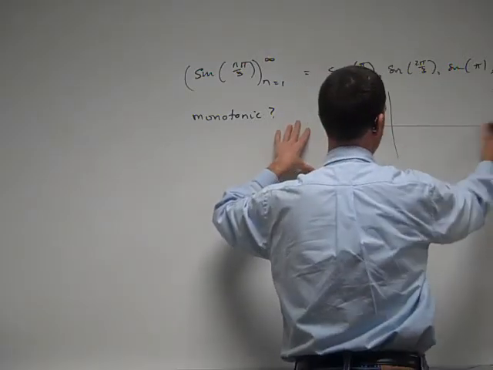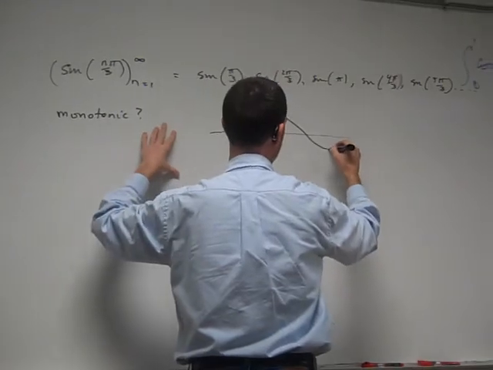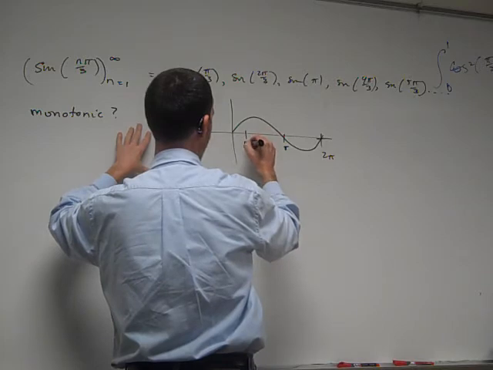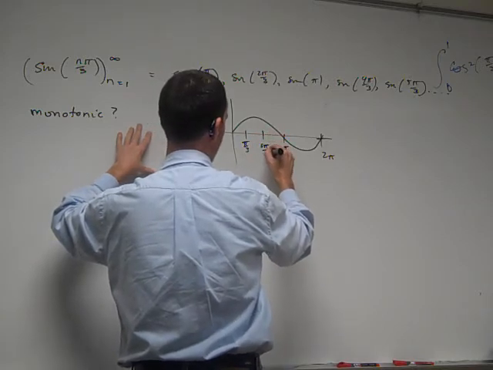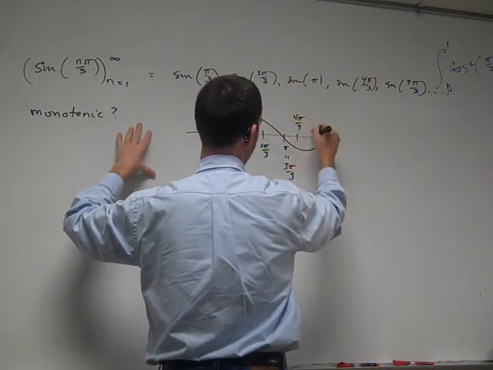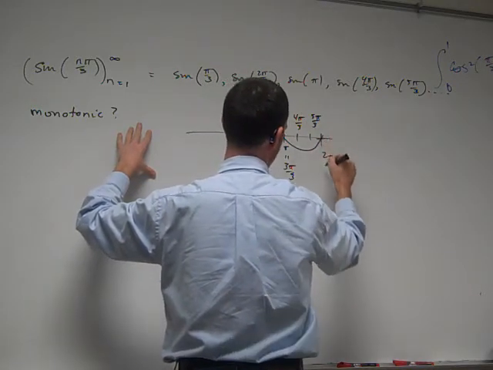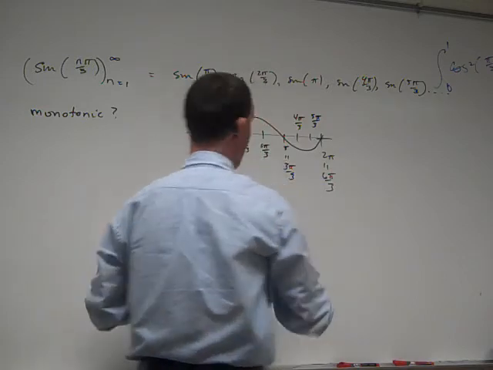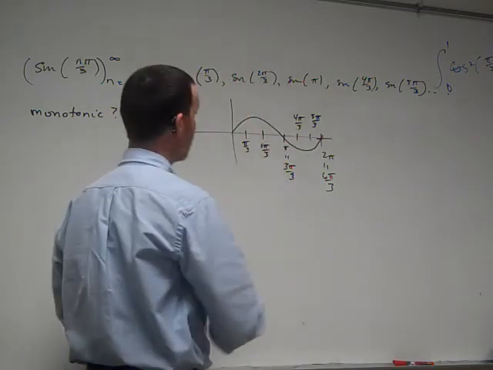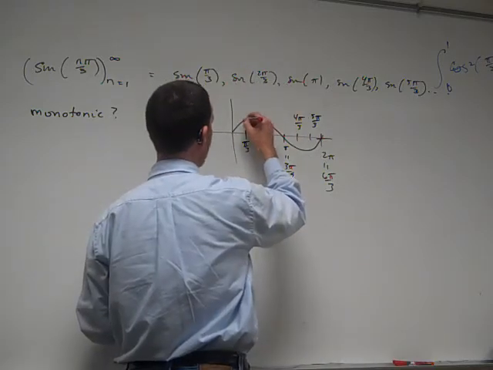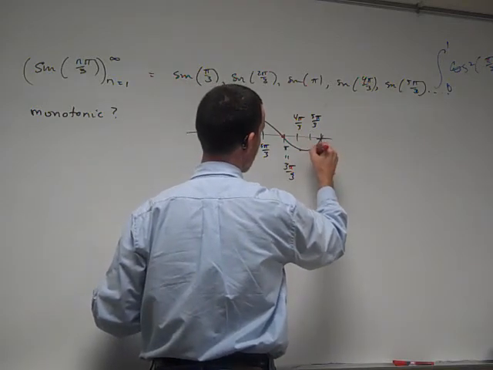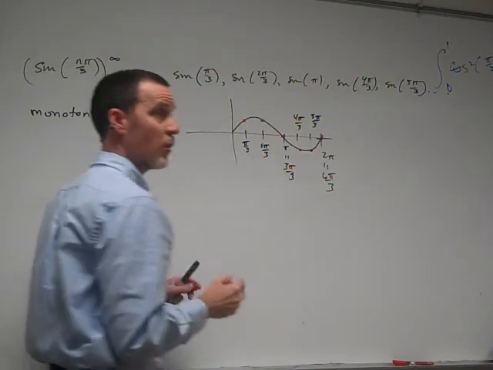Now if we look at sine, there's 2 pi, there's pi. So here's pi over 3, here's 2 pi over 3, here's 3 pi over 3, 4 pi over 3, 5 pi over 3, 6 pi over 3. So if we look at the values for this, we can plug them into our calculator, but we can also just see what's going on.